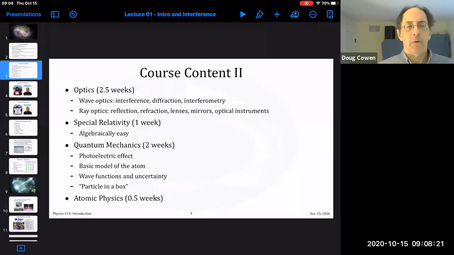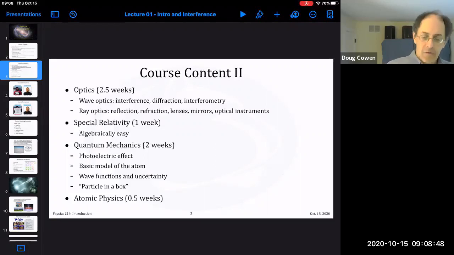We will also talk about ray optics for the next part of our discussion of optics, where ray optics is when we treat light as somewhere between being a particle and a wave, and talk about how light reflects off of surfaces, how it bends when it enters material like glass from a material like air.